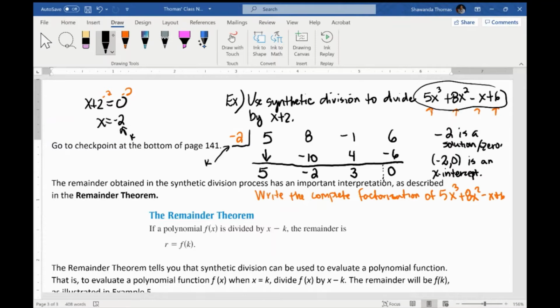So far, this is what we learned: x plus 2 is a factor. We know that because when we plugged in -2, we got 0 as the remainder. What else is a factor? We came up with something here.